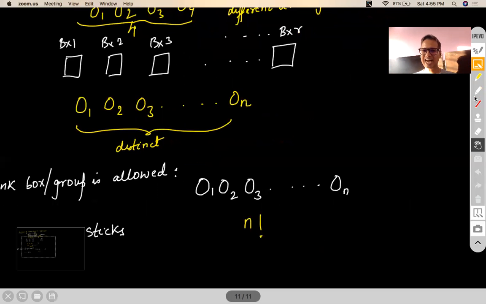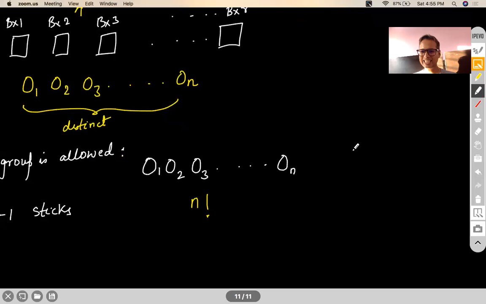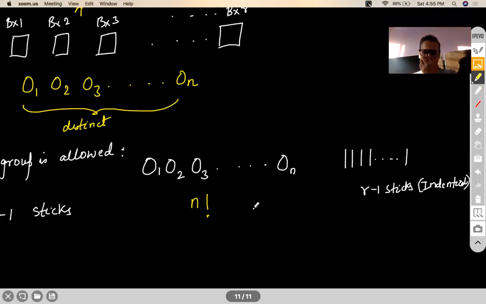Take R minus 1 identical sticks. Now you may ask, why identical, sir? Our boxes were distinct. It is not because boxes are distinct that I have chosen it to be identical. It is because the moment I place a stick anywhere, automatically it will group those objects trapped between any two sticks.